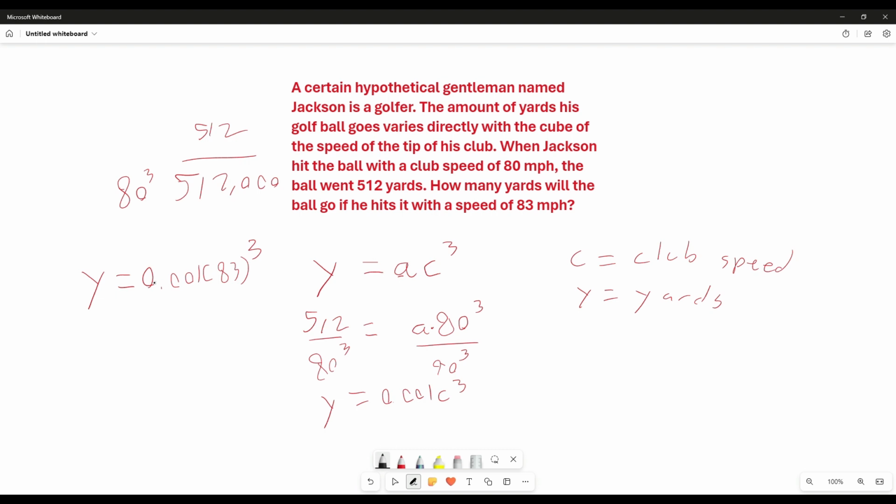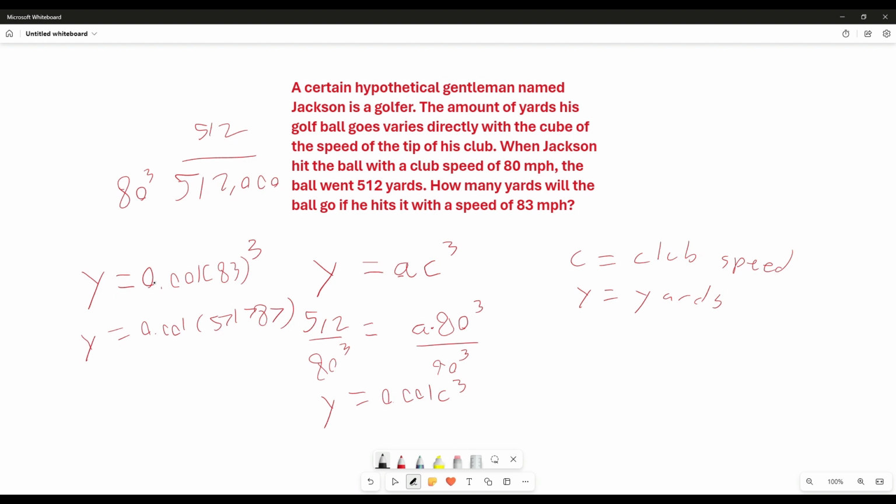We just multiply this out, and that'll give us what y is. So 83 cubed is 571,787. So y equals 0.001 times 571,787.